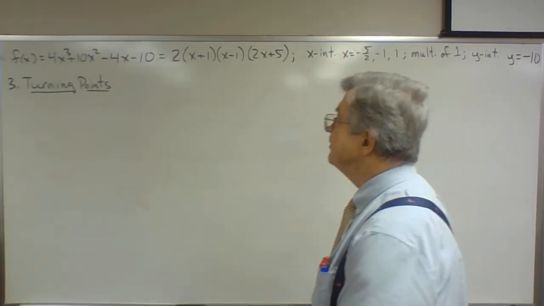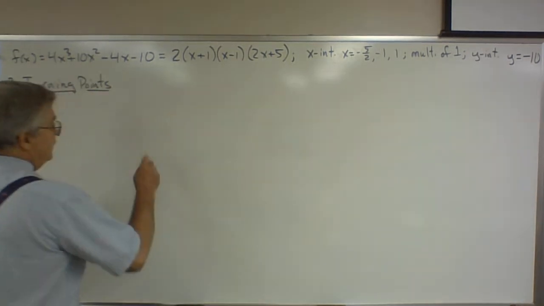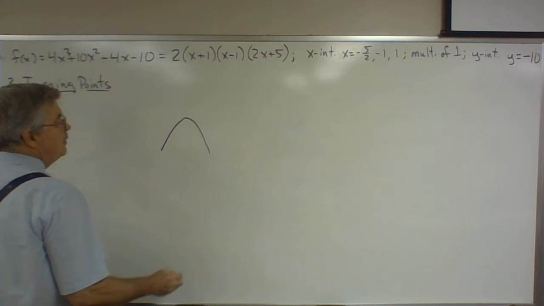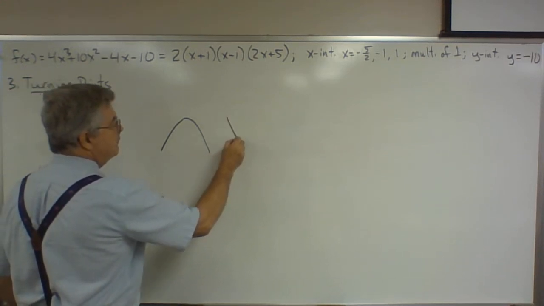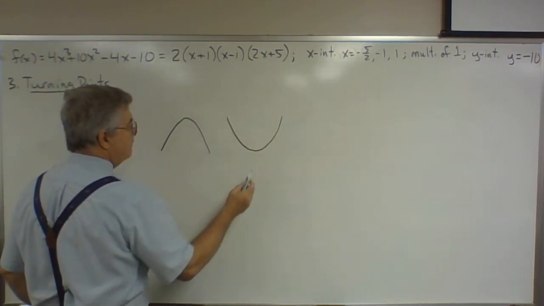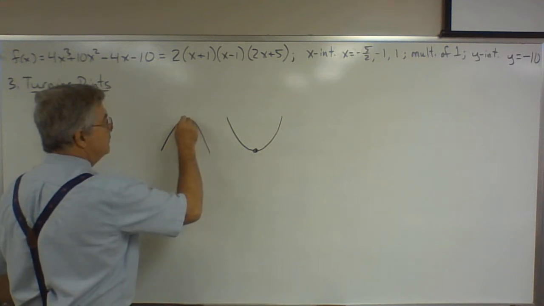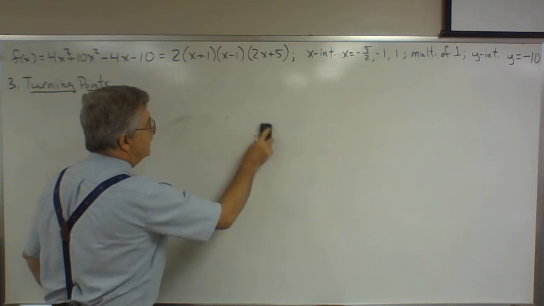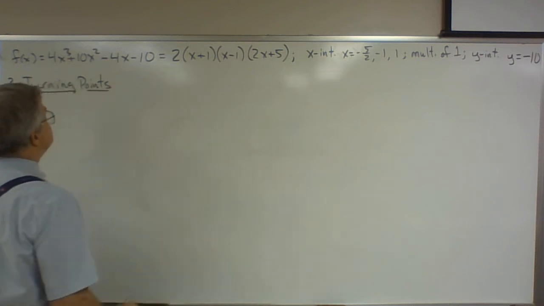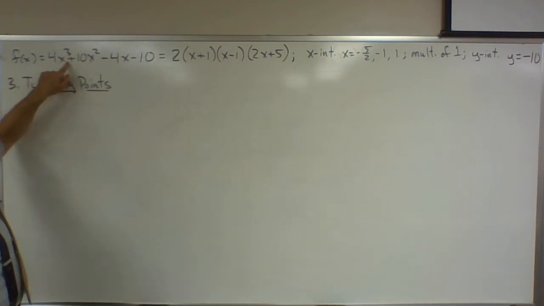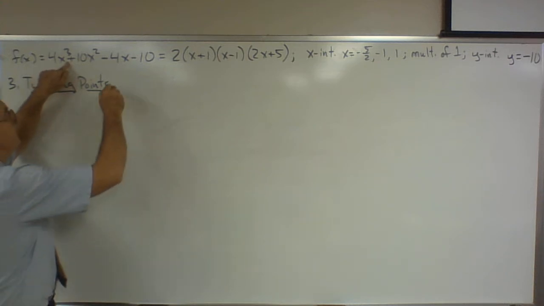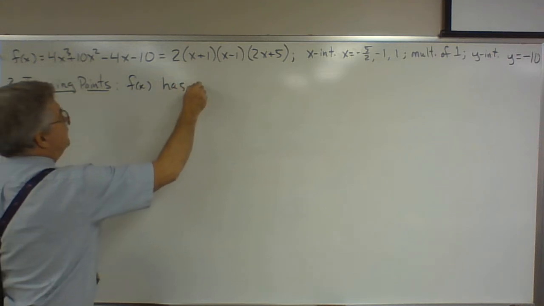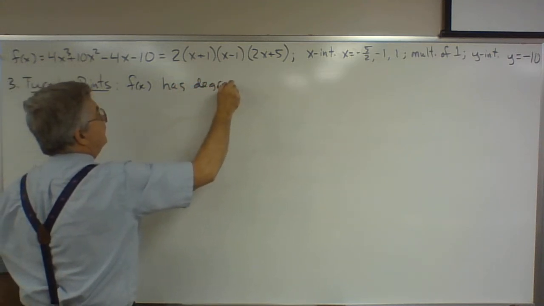Turning points: where the graph changes direction from going up to going down, or where the graph changes direction from going down to going up. Turning point, turning point. And here's how we address that. We look at the degree of the polynomial. F of x has degree 3.